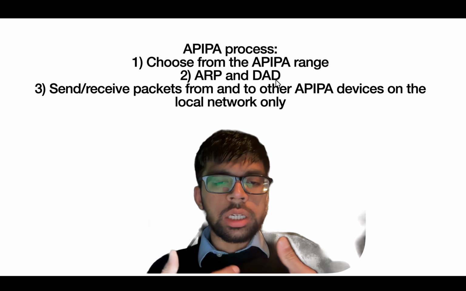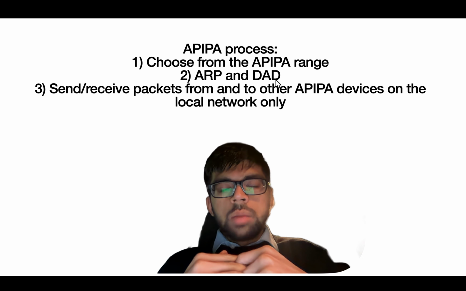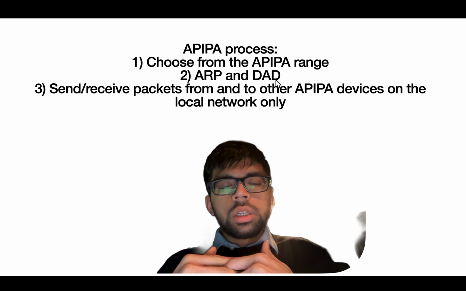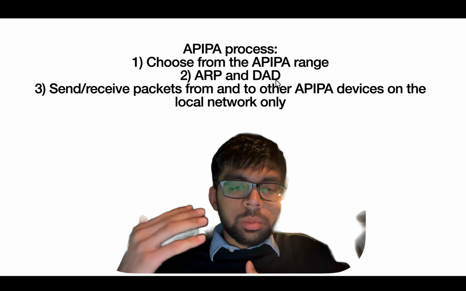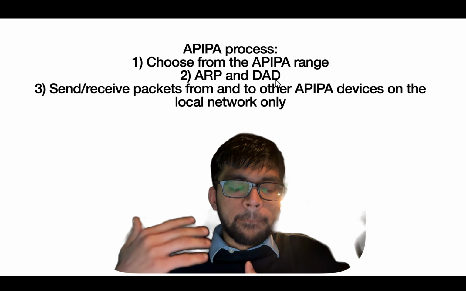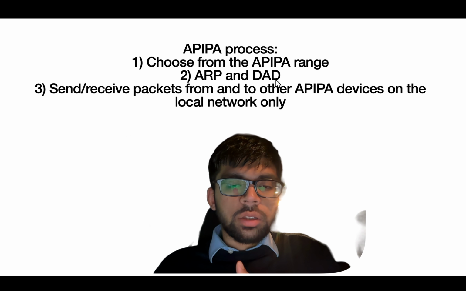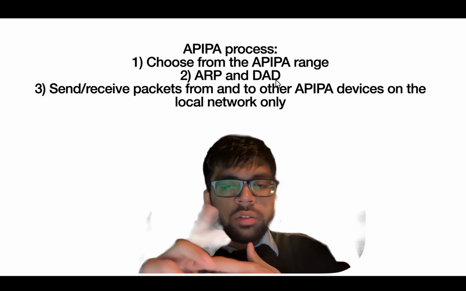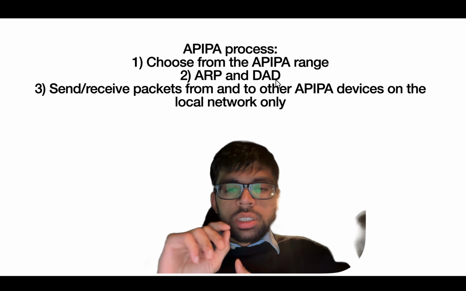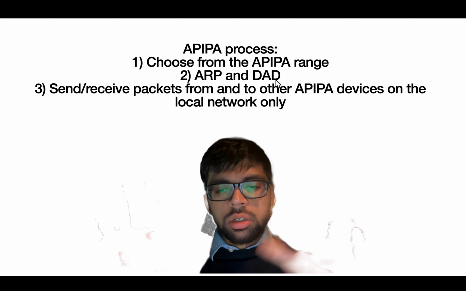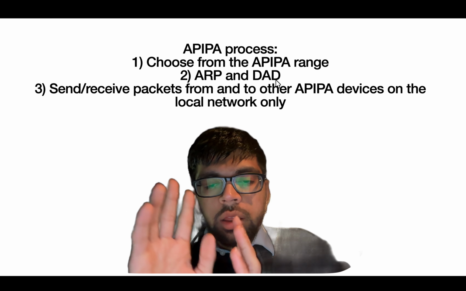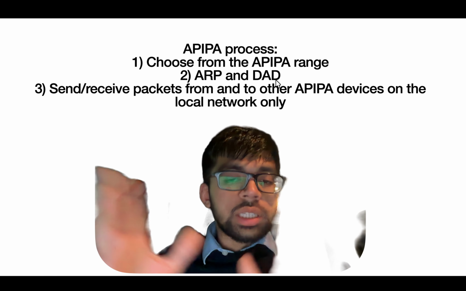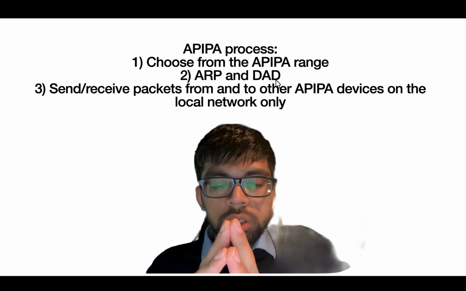So you've got a client, it's got an IP address, it wants to communicate with another client. The problem is it doesn't know its MAC address. So it sends out an ARP message out to all the clients, basically saying who is this guy, who is, for example, 192.168.1.10.